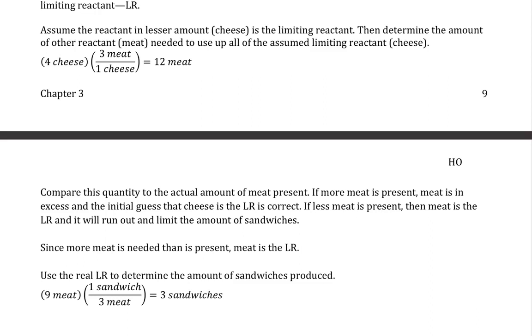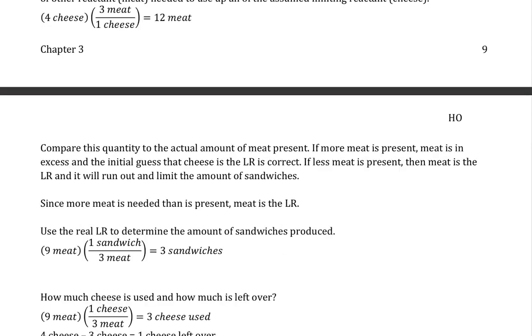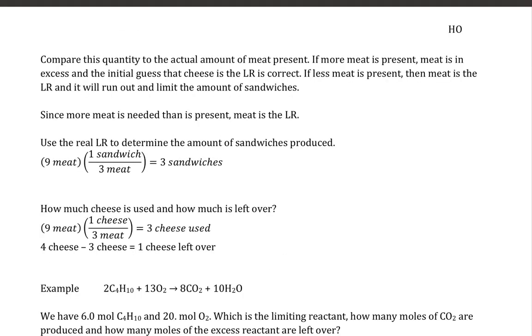Since more meat is needed than is present, 12 versus 9, meat is the limiting reactant. So we use the real limiting reactant to determine the amount of sandwiches produced. So we take the 9 pieces of meat that we have. Now we're using the ratio between the meat and the sandwich, 1 to 3, and we have our 3 sandwiches.